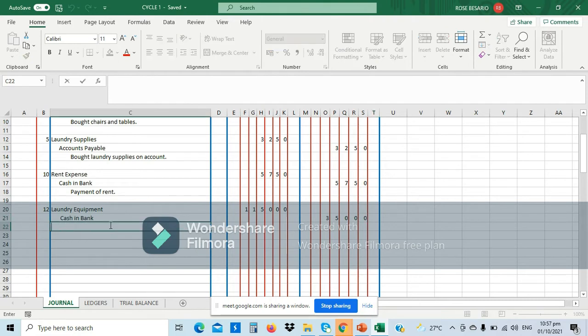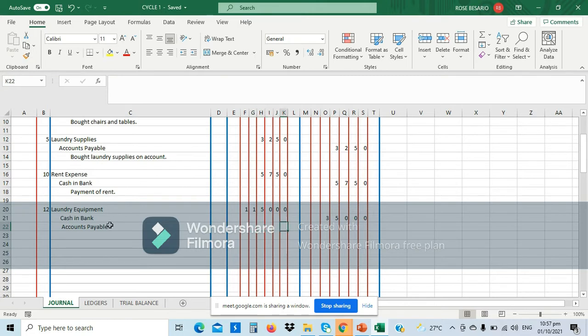Then another credit to accounts payable for the balance. So accounts payable is 115 minus 35, that is 80,000. Am I right? Okay, 80,000.